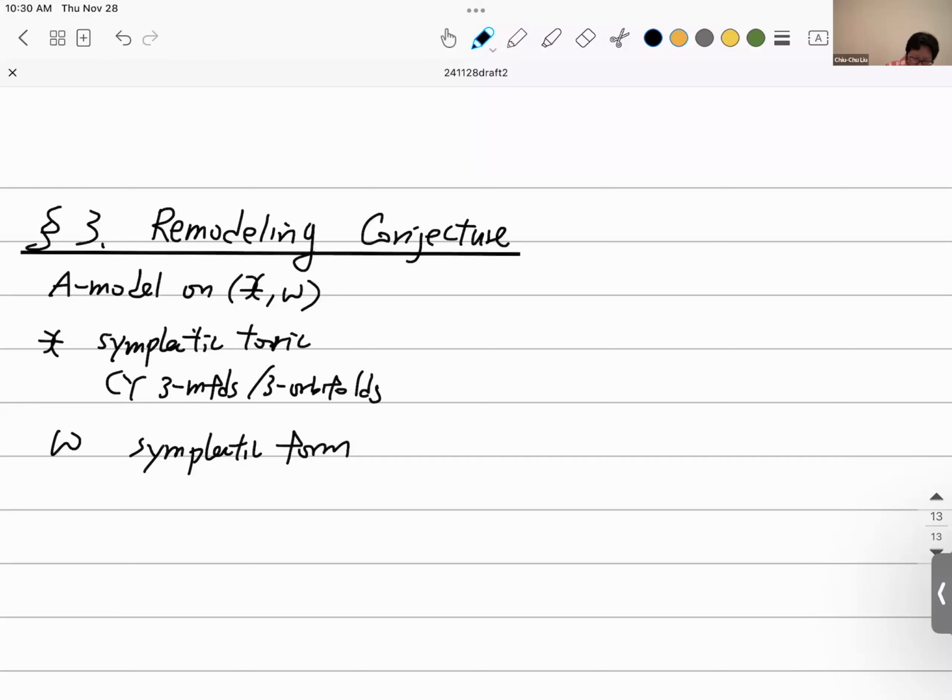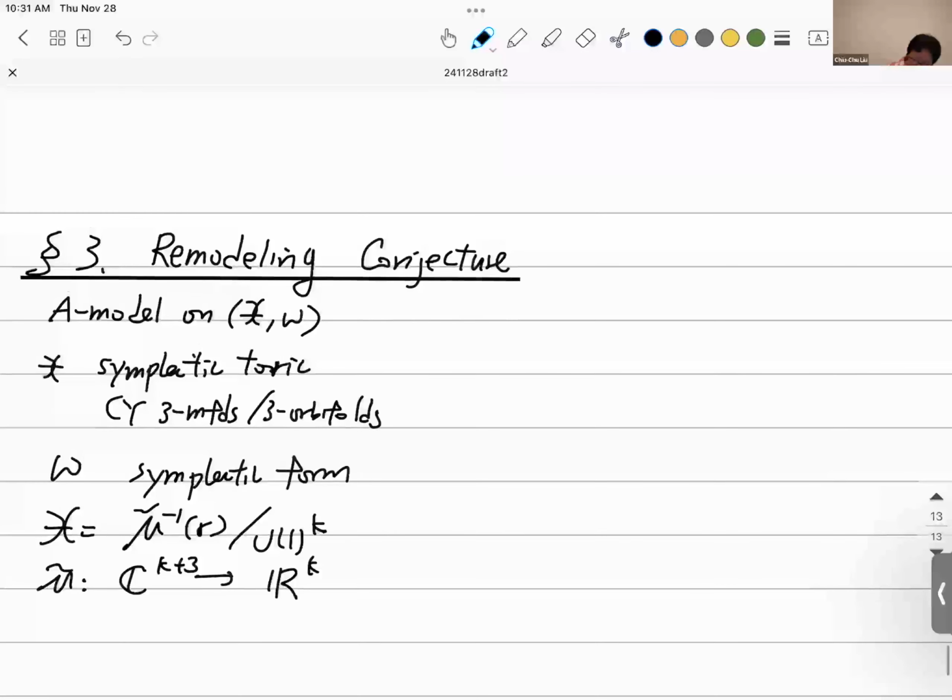As a complex orbifold, this includes the manifold case. Here it comes from the symplectic quotient, where we take the stacky quotient.